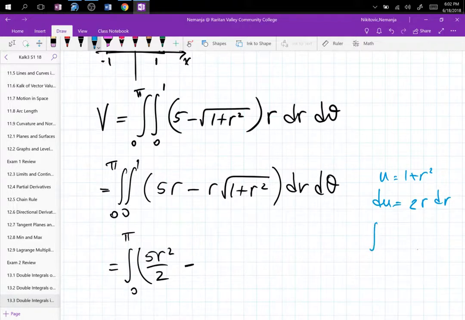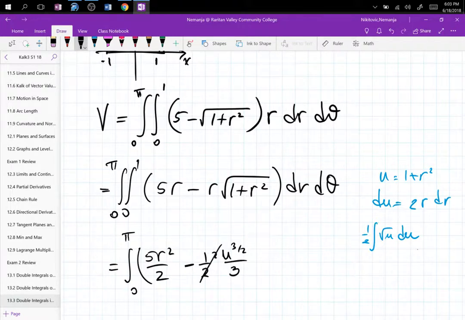All right, so what is this integral? It's going to be 1/2 integral of u du. Perfect. So this is going to be 1/2 u to the 3/2 over 3/2.